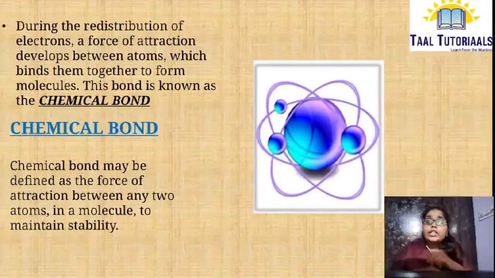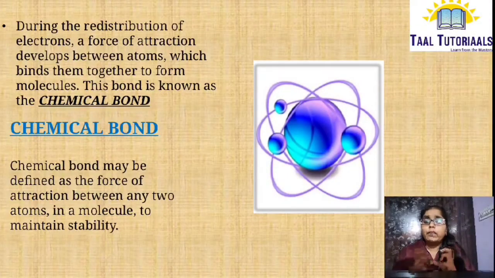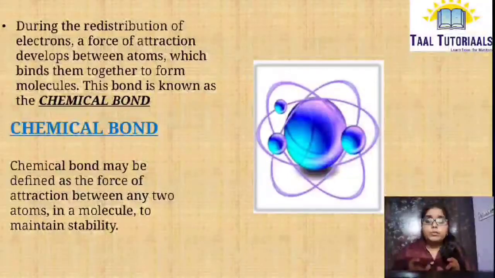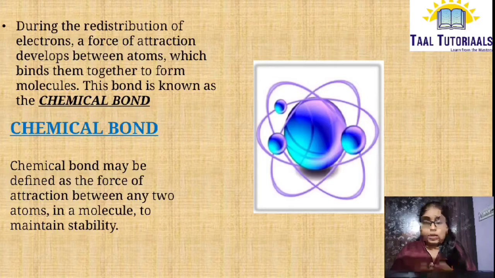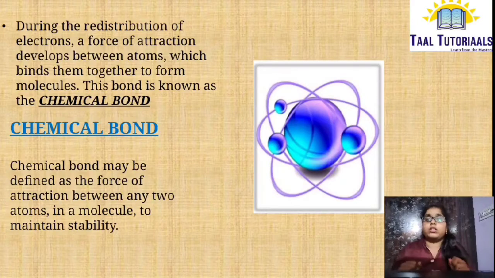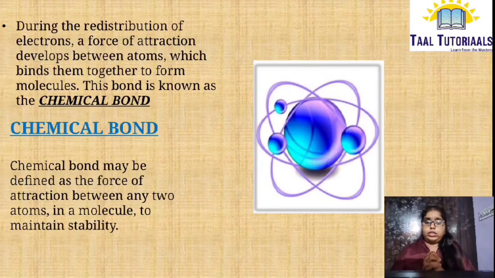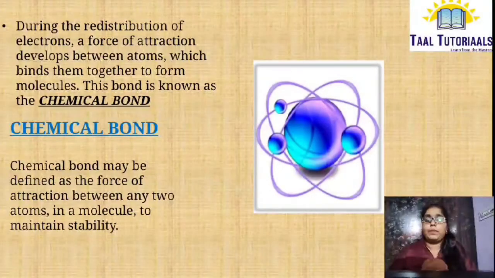Next, during the redistribution of electrons, a force of attraction develops between the atoms. See, the atoms want to attain what? Stable electronic configuration. So, there is a redistribution of electrons. During that time, there is a force of attraction between the atoms which binds them together to form molecules. This bond is known as chemical bond.